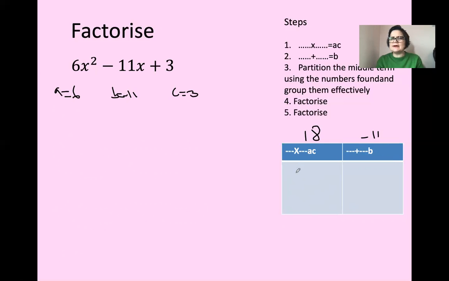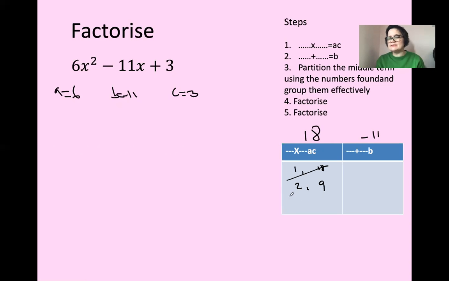Again, let's have a look at the factors of 18. We have 1 times 18, but 1 plus 18 is not the right one. And then we have 2 times 9, 2 times 9 makes 18. 2 take away 9, they don't make minus 11, but I can do something, because I see these are the right parts.